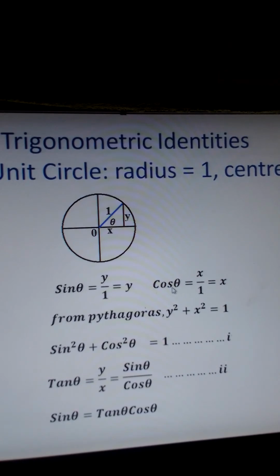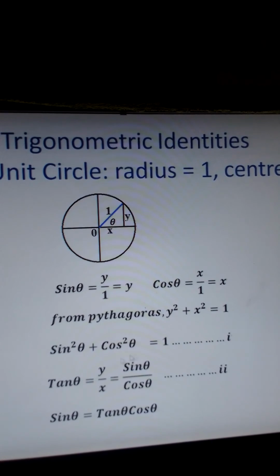So y squared plus x squared is equal to 1, and it follows that sine squared theta plus cos squared theta is equal to 1. This is a very important identity in mathematics.